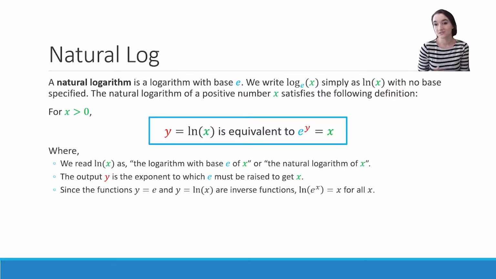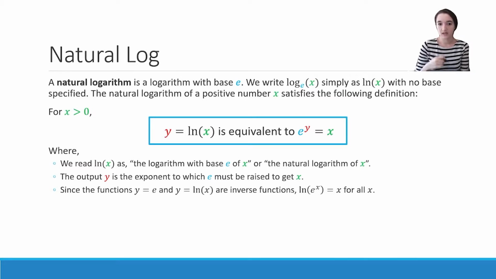Why is it called natural? Essentially, it comes down to the fact that e is very present in nature, but also it occurs naturally in a lot of weird places. It has a lot of special properties that you might learn if you go on towards calculus. So, once again, y equal to ln of x is equivalent to e to the y equals x.